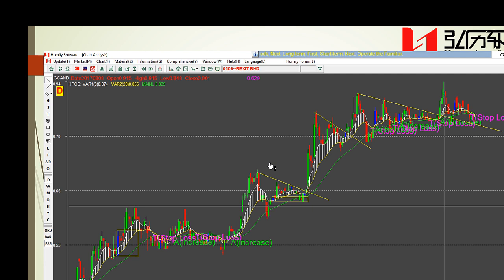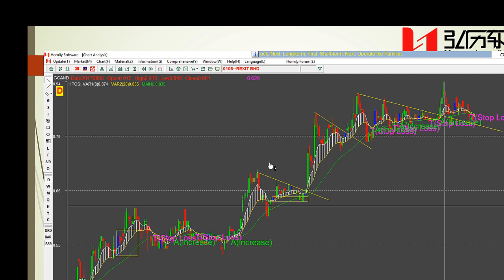So we should know it is a top area because the green line already goes flat. We should notice this and be very cautious about this area.